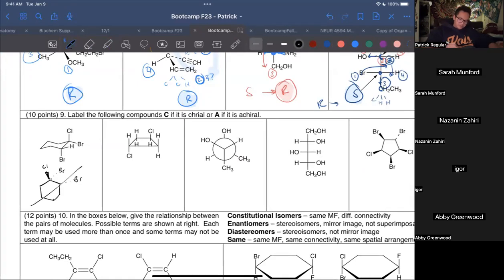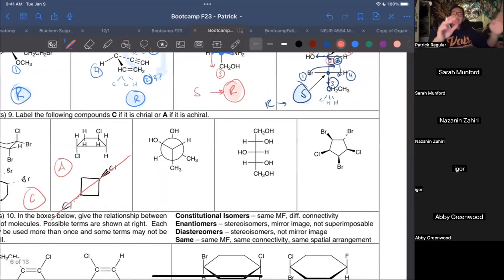If I were to do a line of symmetry right here, no. Or if I were to do a line of symmetry on that plane, vertical, no. That would be chiral. What about for this one? There you go. There is a line of symmetry right here. Even though those chlorines lie on the plane of symmetry, those chlorines are being cut in half by that plane of symmetry. This would be achiral.